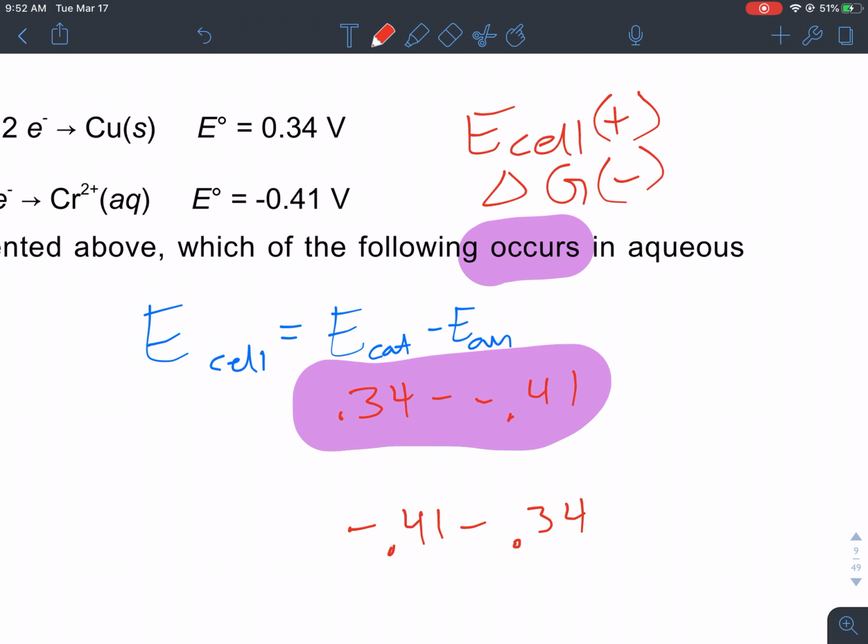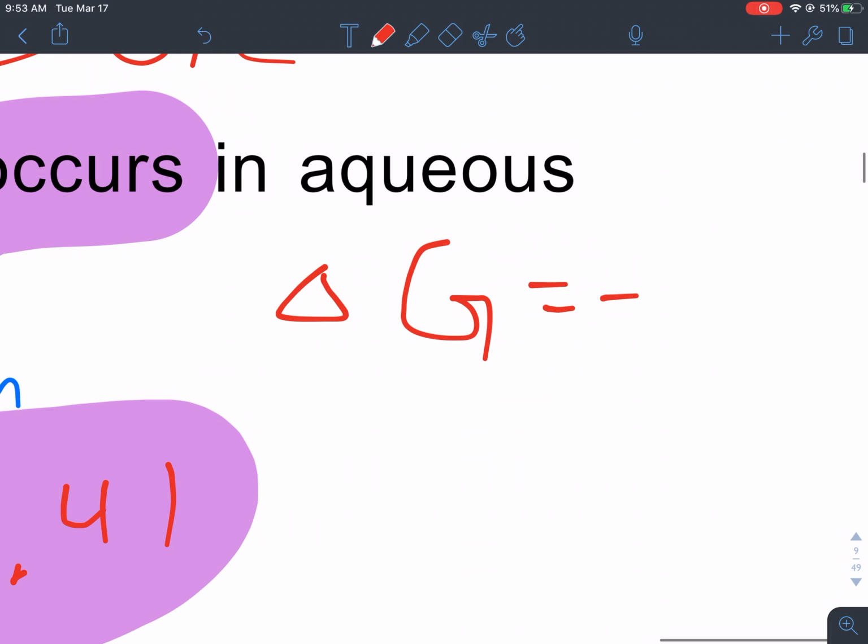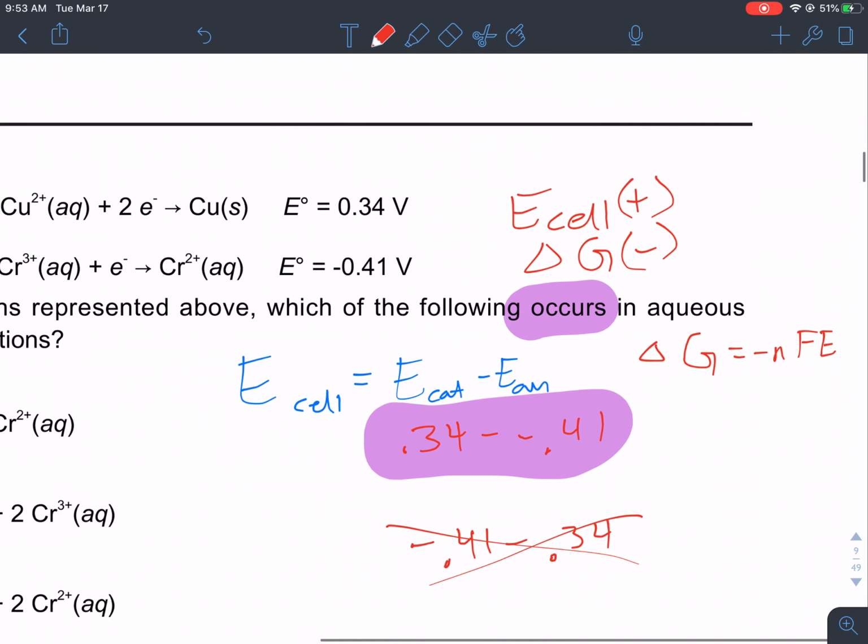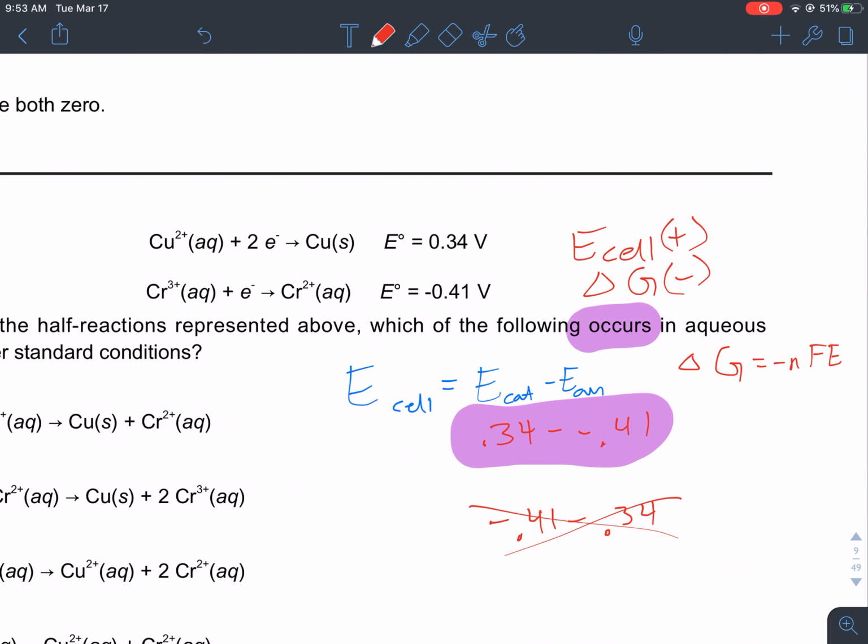That's the situation you want. So the other one is wrong, because that would give you a negative E cell, and a negative E cell means a positive delta G. Remember, we are also looking at this in terms of delta G equal to negative nFE. So you want your E cell to be positive, so you have to choose the top one. Here's our winner.